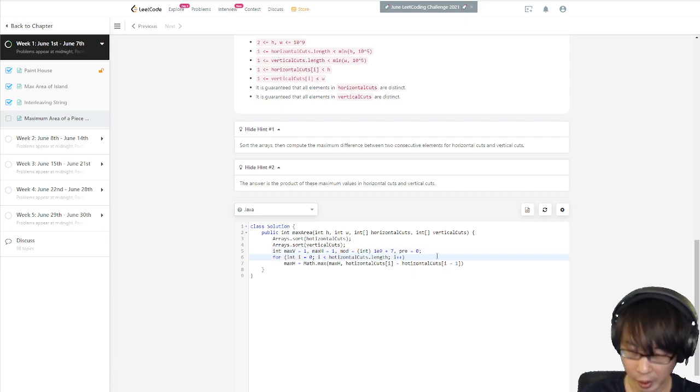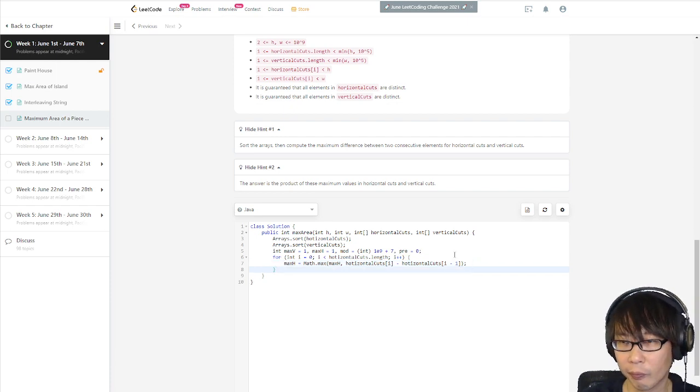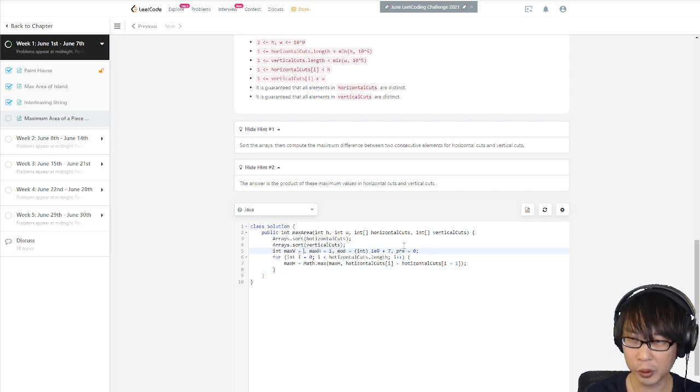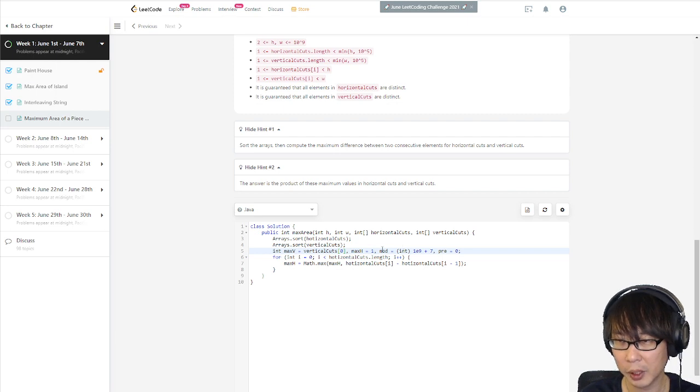and then what I'm going to do is, or maybe I don't need a 0. I will just do vertical cuts, I will just do this equals to this. It should be okay, right? It's not that confusing.